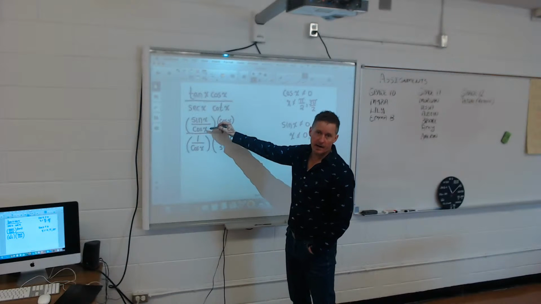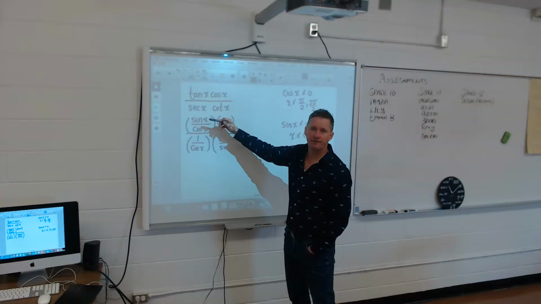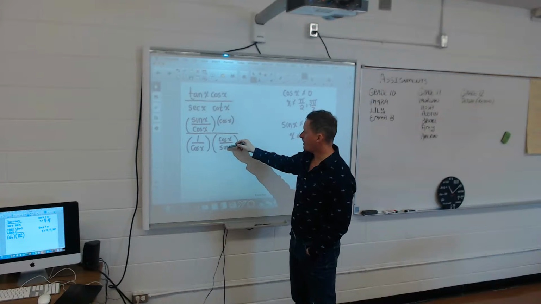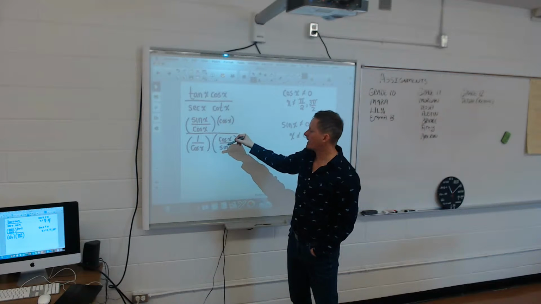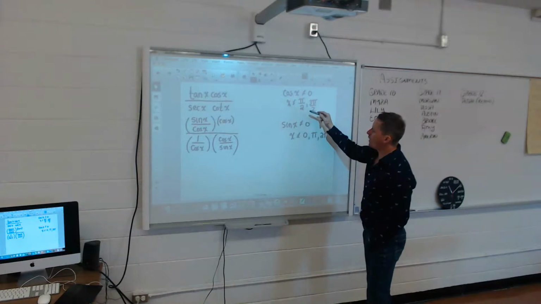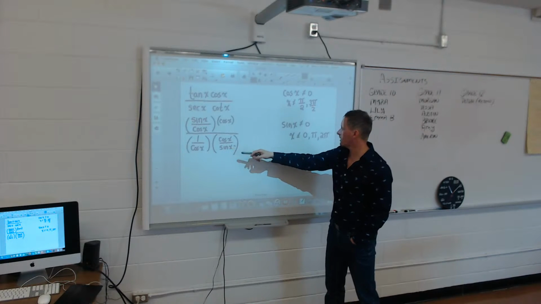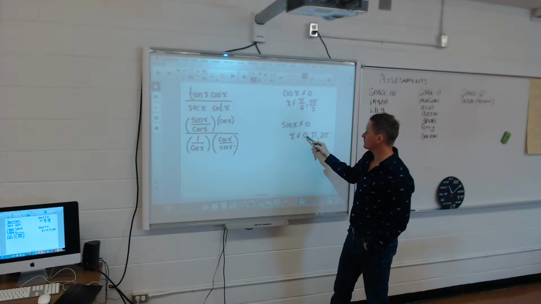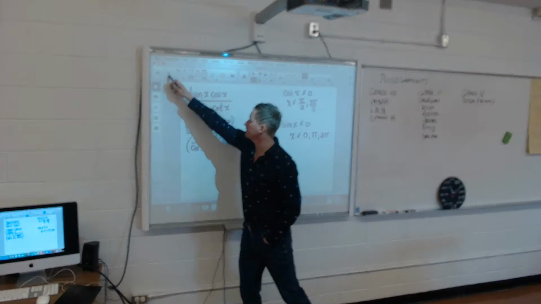notice the denominator here is cos, so this can't equal 0 or it's undefined. The denominator right here is sine x, undefined if that's equal to 0. So what values of x make sine x equal 0? Well, sine is 0 at 0 degrees, or pi, or 2 pi.